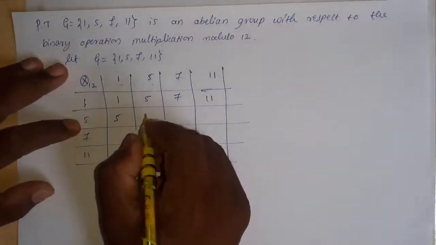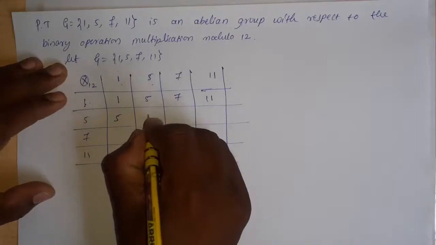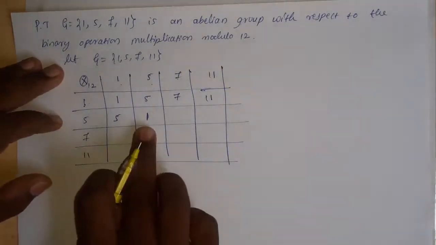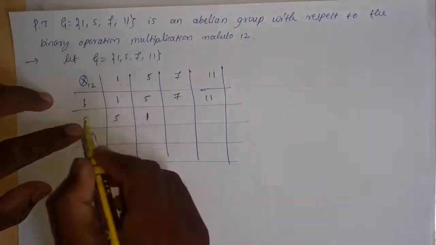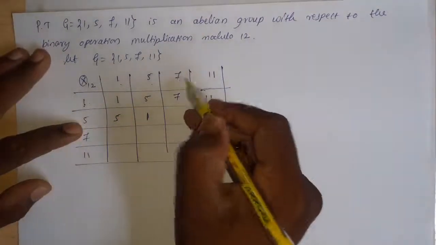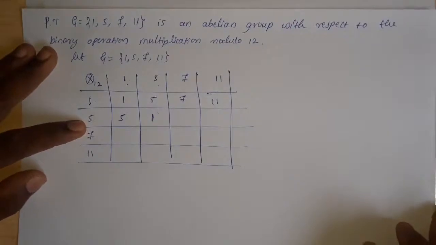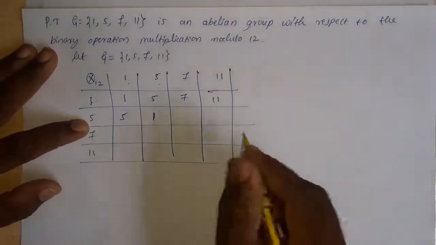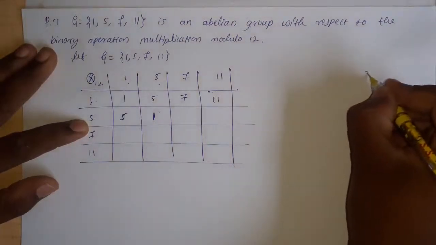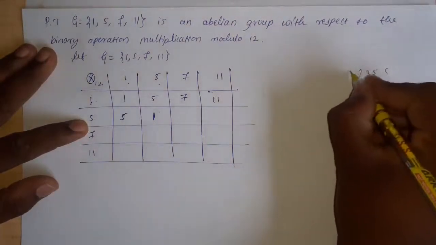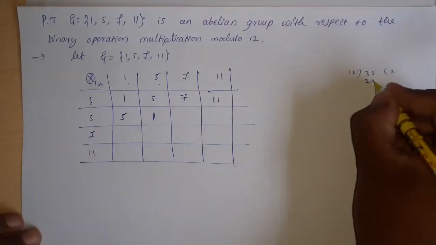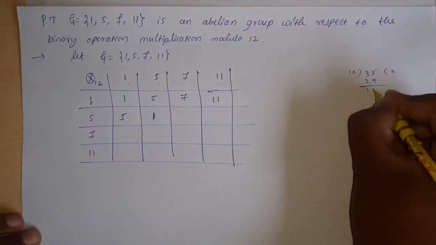So, after dividing the 25 by 12, the remainder is 1 because 12 2s are 24, then the remaining 1 is the remainder. Then 5 into 7 is equal to 35, then if you divide that by 12, 12 2s are 24, then the remaining remainder is 11.